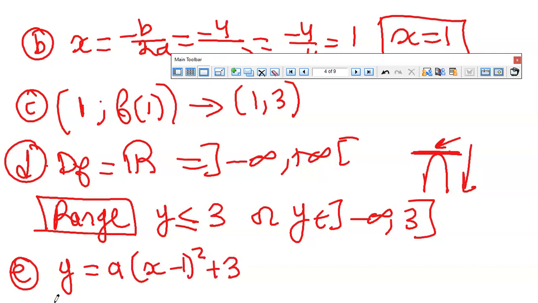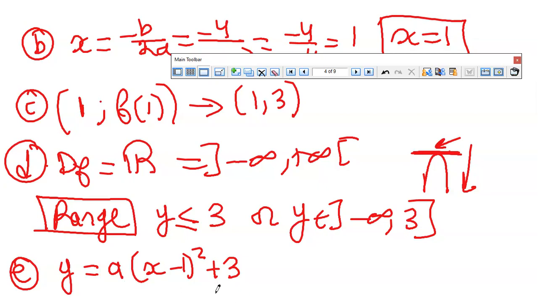I still need to find a. How will I find a, guys, here? I will find a by doing what? By substituting x and y by any point that I know on this graph.